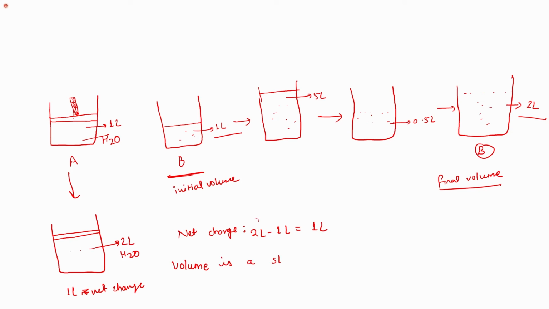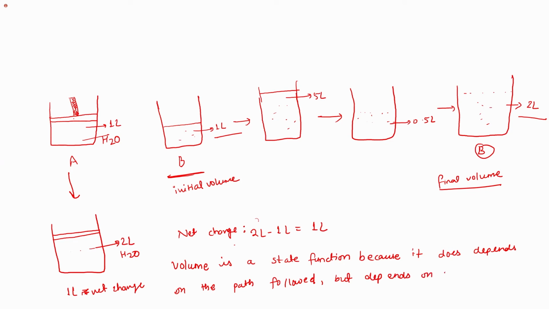So volume is a state function. Why state function? Because it doesn't depend on the path followed, but depends on the initial and final state of the system.